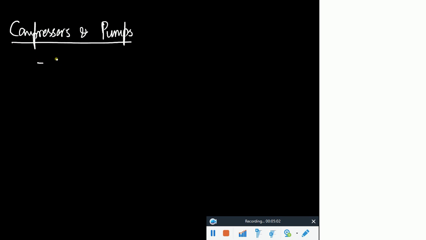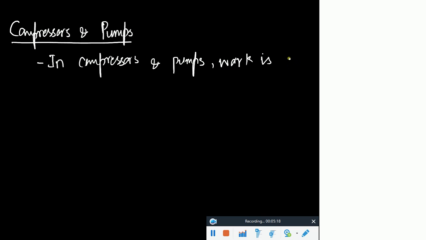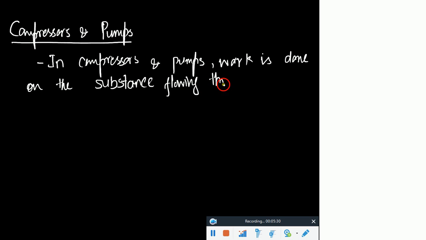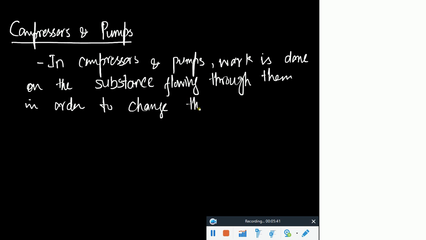Now let's talk about compressors and pumps. So in compressors and pumps, work is done on the substance flowing through them in order to change the state of the substance.